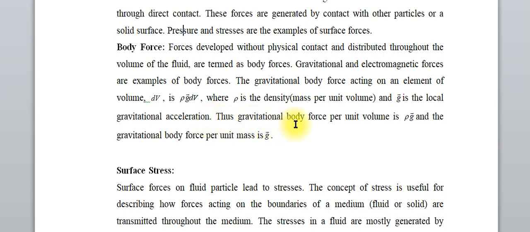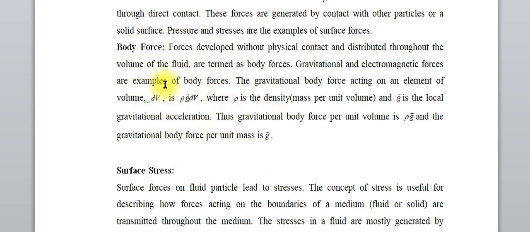Thus, the gravitational body force per unit volume is rho g, and the gravitational body force per unit mass is only g.